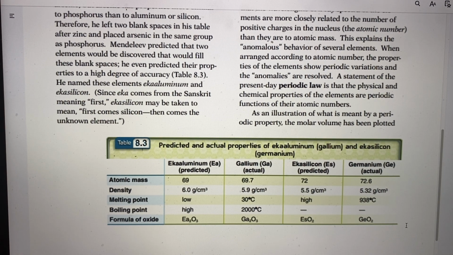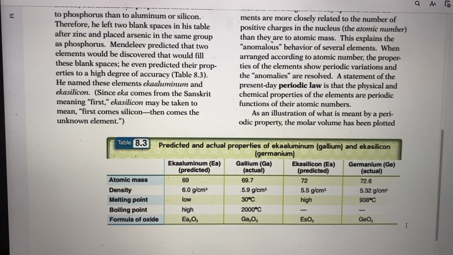And he predicted the properties of other unknown elements too, and they came just as he predicted. In fact, two of them, germanium is one of them, and gallium, he predicted before they were even discovered. And he put them in his table, and it turned out all to be just like he said they would be.